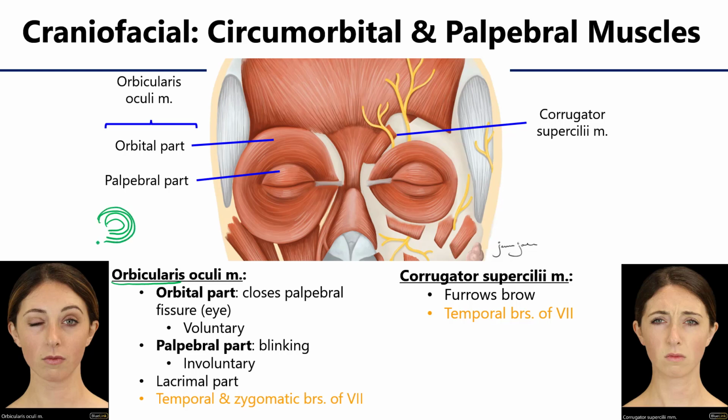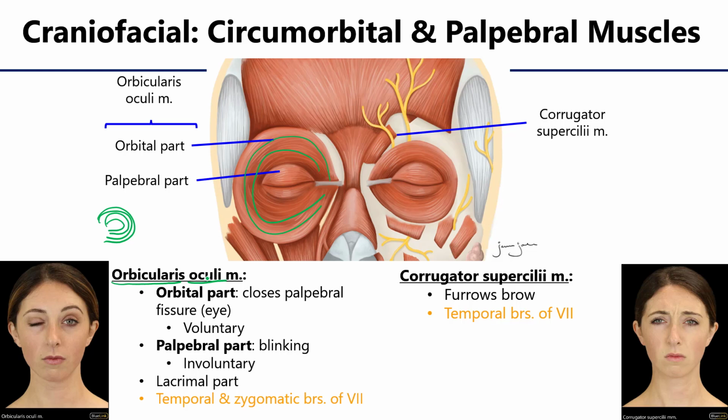So we have fibers here. We can see them arranged going around the orifice. Oculi references the eye. So this is a circular muscle about the eye.